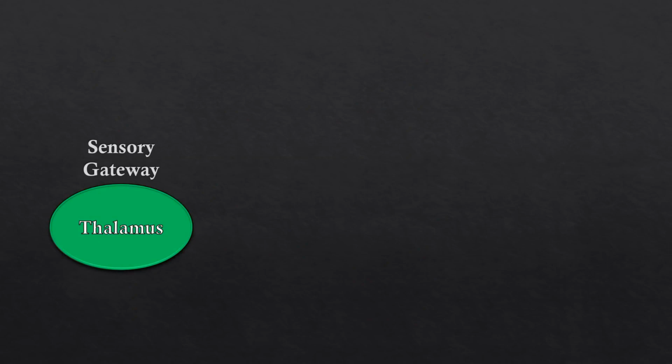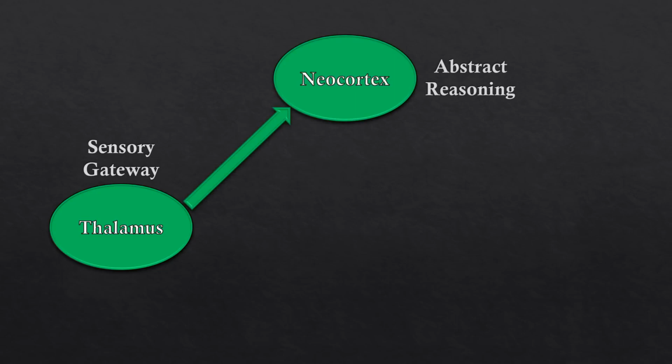The thalamus connects to the neocortex, where this information will be interpreted. For example, light enters the eyes and the sensory information travels to the thalamus. From there it goes to the visual cortex where it will be interpreted. This is the pure interpretation of what you are seeing, which is different from how you feel about it.